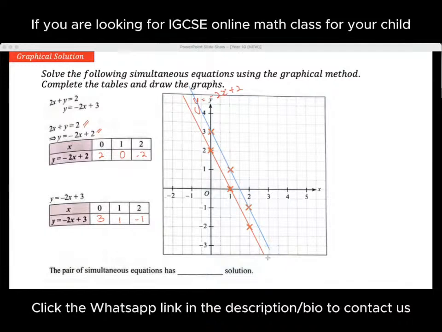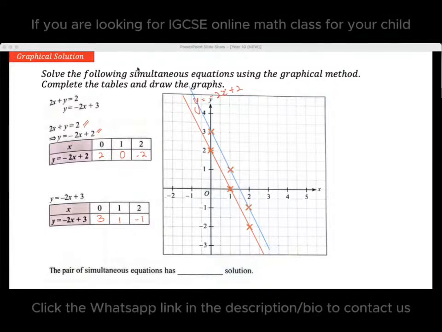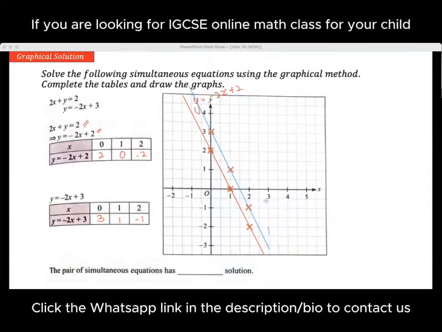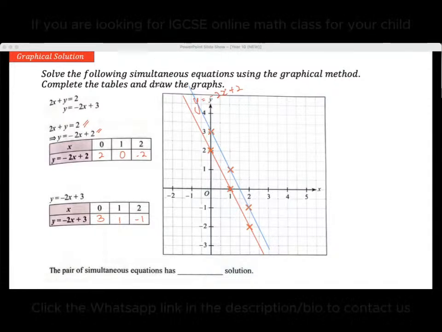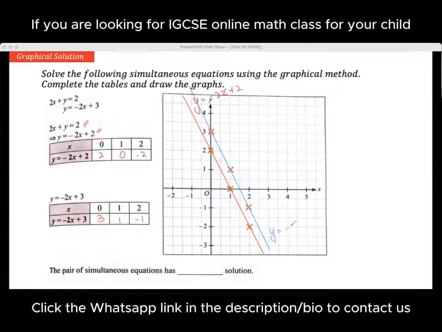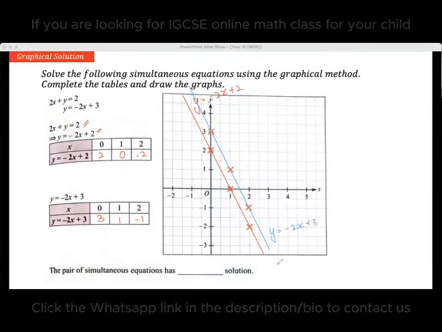Then I label it y equals negative 2x plus 3.